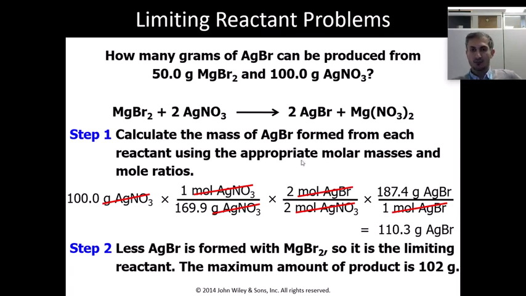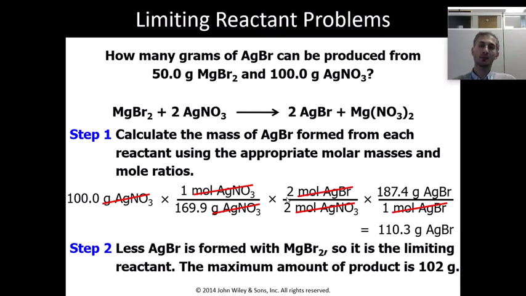For this problem, the amounts of product from these two are 102 and 110. The smaller number belongs to this reactant, which we call the limiting reactant. Magnesium bromide is the limiting reactant, and AgNO3, which makes the larger number, is the excess reactant. And the exact amount of product that will be produced is the smaller number, 102 grams.